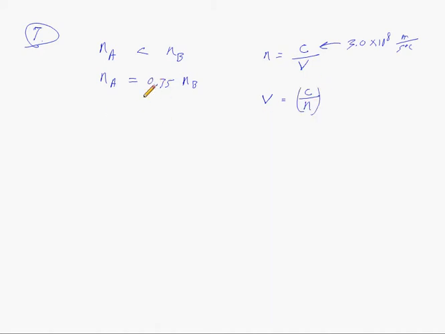So if the index of, say, glass A is less than glass B, we can see that that would mean that the velocity in A would be greater than the velocity in B. Since the speed of light over A, the index for A is smaller than the index of B. If this number is smaller, then that means that the ratio is greater.